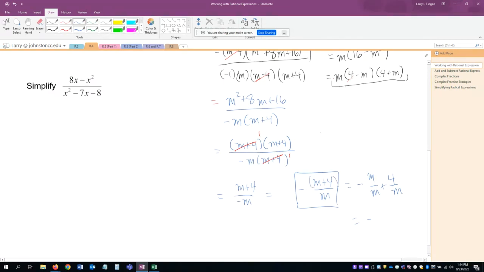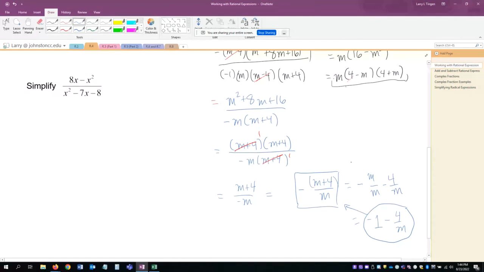And then this would be, because the minus goes to both, negative m divided by m is negative 1. 4 over m is 4 over m. That is the finalized answer. I like that one better, though. They're the same thing. All right.